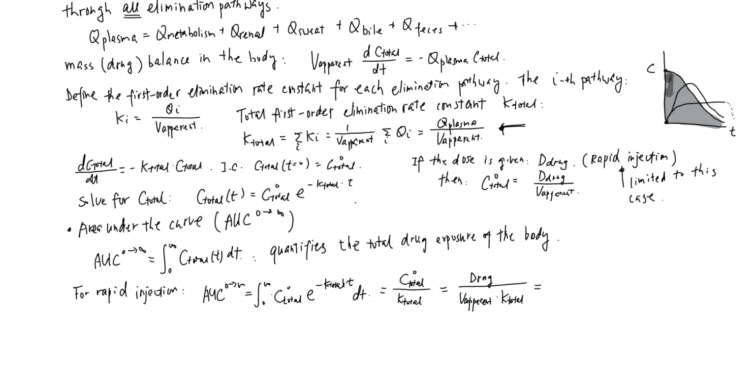Using this equation, you can continue to write it as D drug divided by Q plasma.